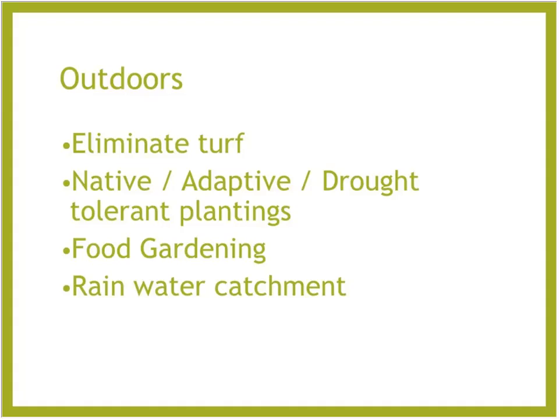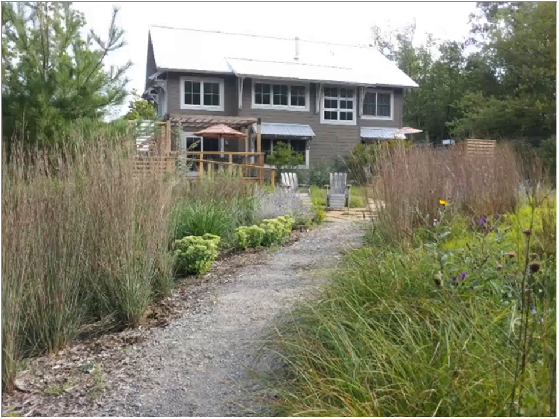And then rainwater catchment systems. So again, catching water off the roof, either for outdoor needs, for the grass, for the food garden, and or catching it for indoor needs as well can be important.